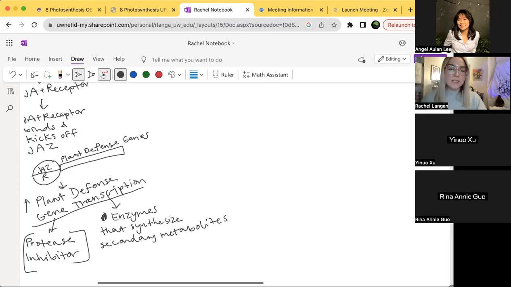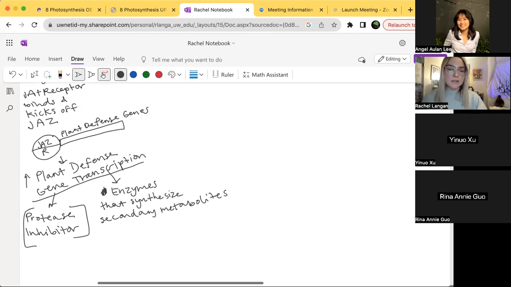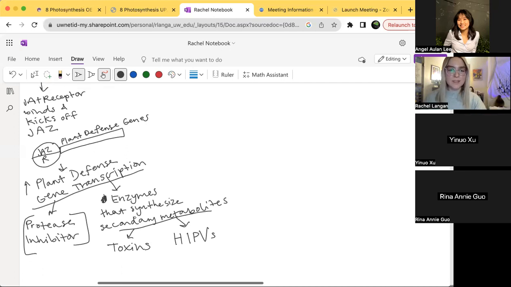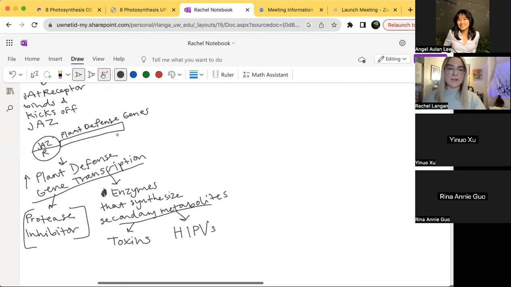But specific secondary metabolites that are important for defense would be like, there are some toxins that they make. And also, importantly, you should know HIPVs. So those gas signals that we're also going to talk about as one of the 3 main signals, that comes out of plant defense gene transcription increasing.